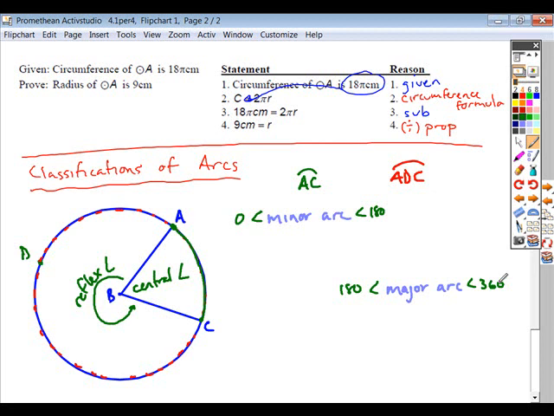So make sure you can identify this: when you're naming a minor arc, you always use 2 points. When you're naming a major arc, you always use 3 points. You have to identify the point at which it passes through. Now what if you're dealing with a semicircle? The semicircle is that third classification, and a semicircle is the one that's exactly equal to 180 degrees.